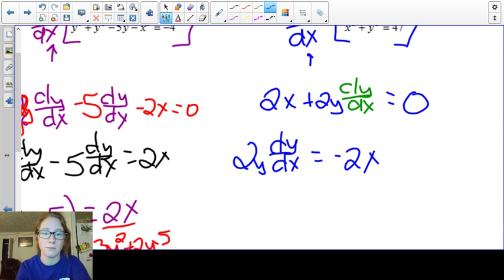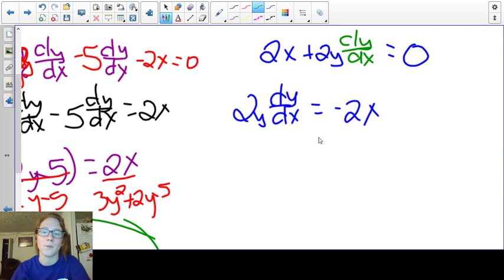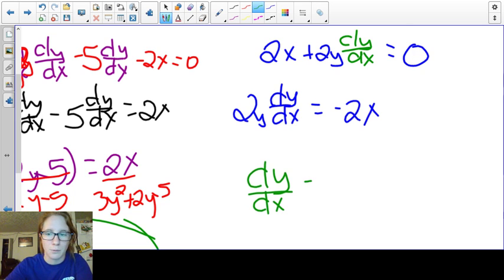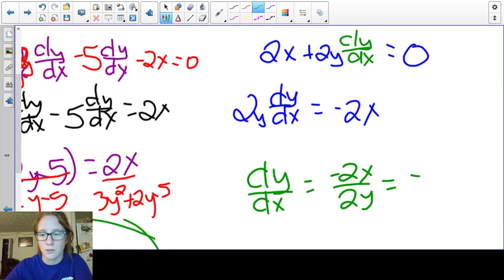Okay, done. Step 3, factor out. Well, I don't really have anything else to factor out, so I can just move to step 4 for solving. This one's a nice easy one. I've only got that one term here. So dy dx is equal to negative 2x over 2y, which can reduce down to negative x over y.